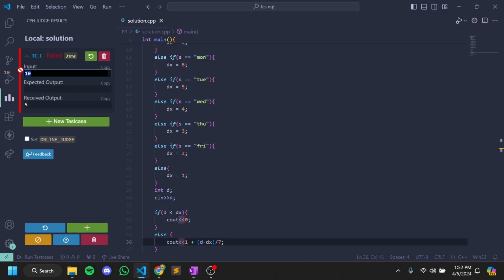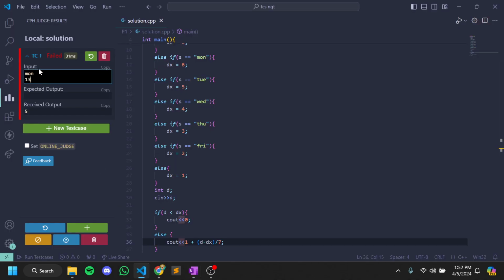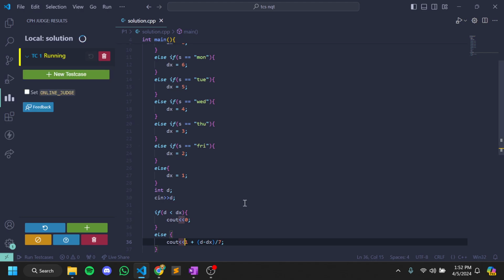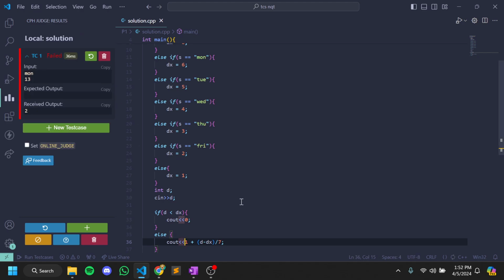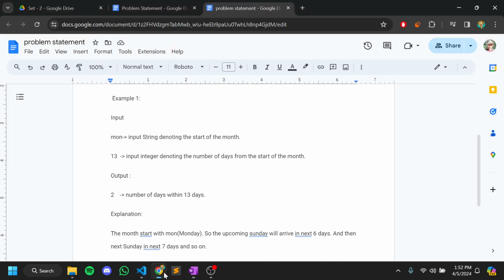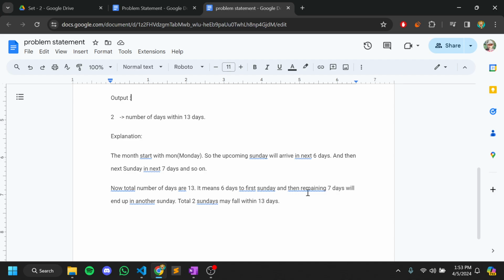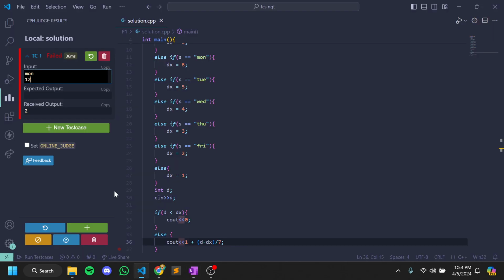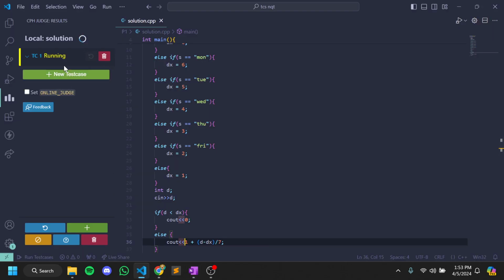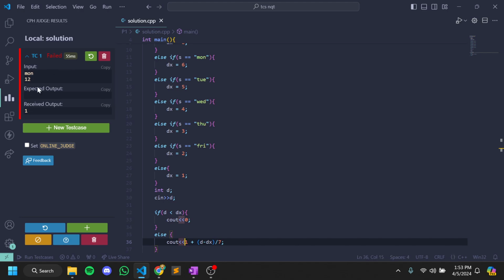So let's just write mon 13 here. We're getting 2 as an answer. If it was 12, as you can see in our test case, then we'll just stop at Saturday, so the answer should be 1. So let's see if it works. Yeah, it's working because d minus dx will become 12 minus 6, which is 6 over 7. That will result in 0 and 1 only will prevail.